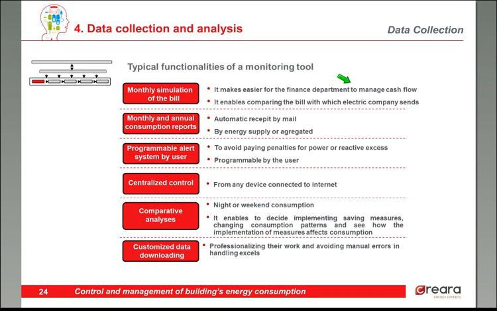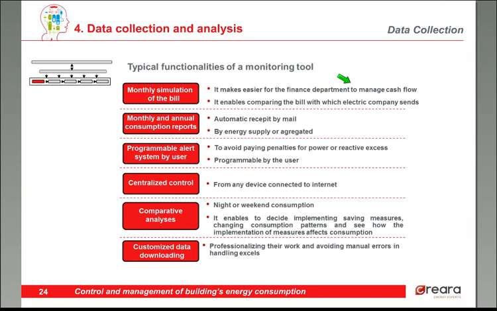Fourth one, centralized control. This is an obvious one. If somebody can have a centralized and organized view of all the points of consumption, it of course saves a lot of time. Comparative analysis. When somebody has a lot of data, they need to understand what to do with this data, and therefore you need to run analysis.